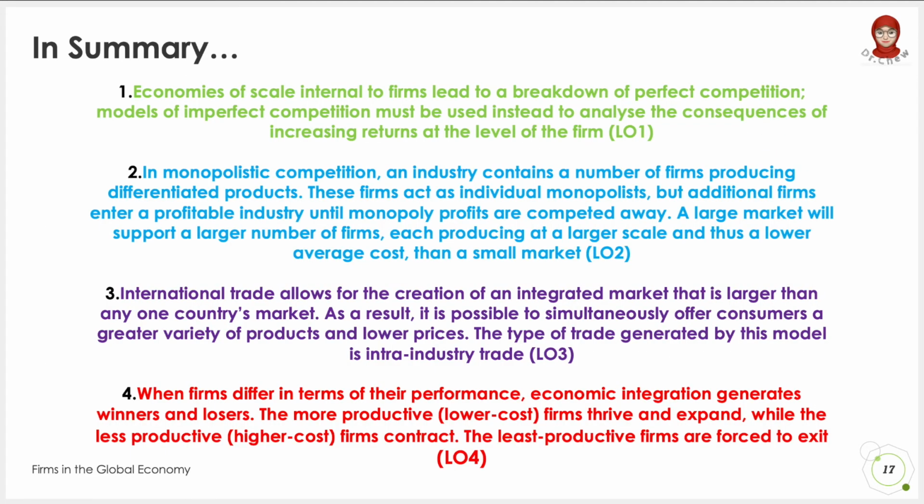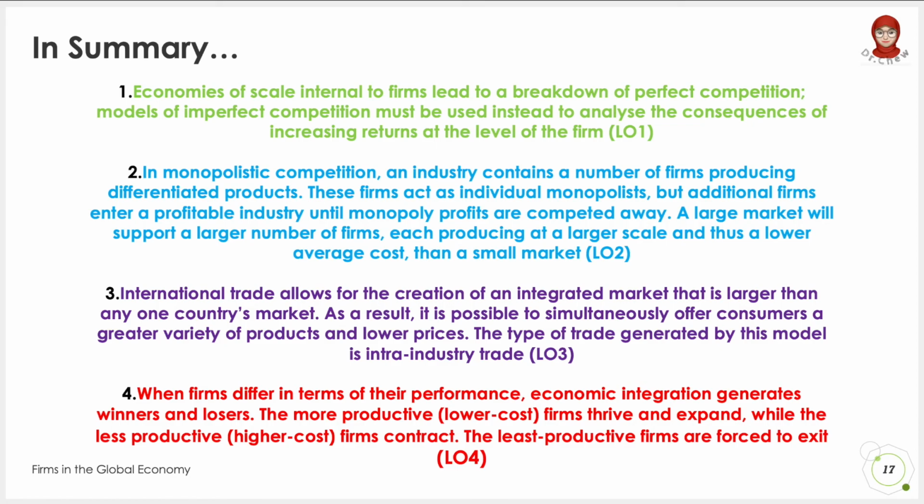In summary, economies of scale internal to firms lead to a breakdown of perfect competition. Hence, models of imperfect competition must be used instead to analyze the consequences of increasing returns at the level of the firm. In monopolistic competition, an industry contains a number of firms producing differentiated products.